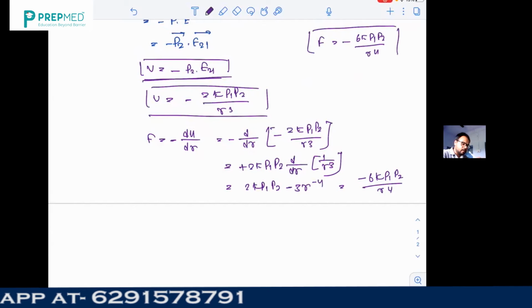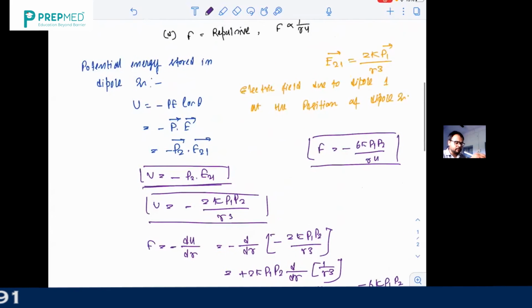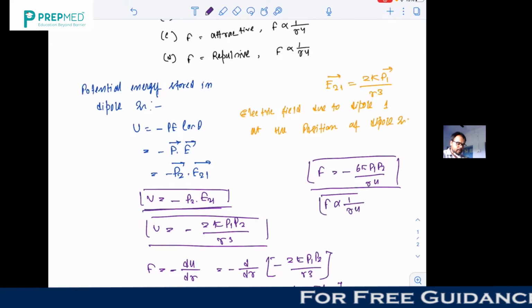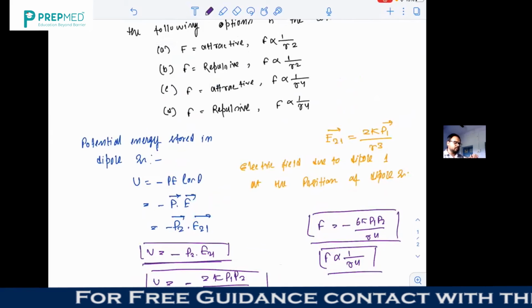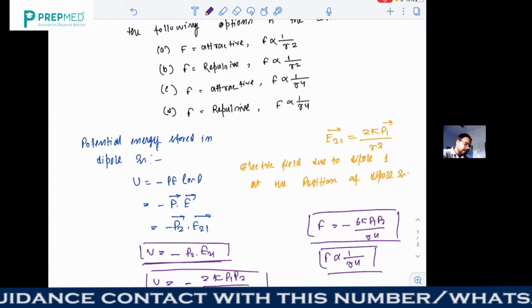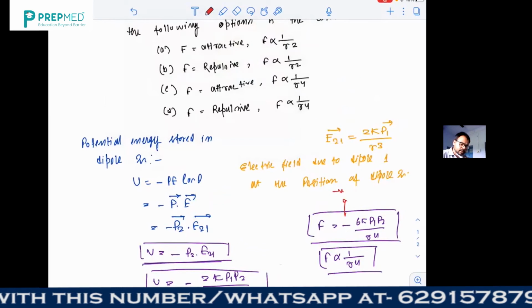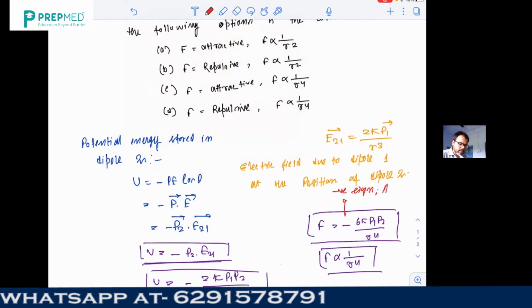Notice one thing carefully: with respect to r, this force will be proportional to 1 by r to the power 4. We can neglect options 1 and 2. So the correct answer is within options C and D. And what is the nature of the force? You can see the negative sign in the force. This negative sign indicates the attractive nature of the force.